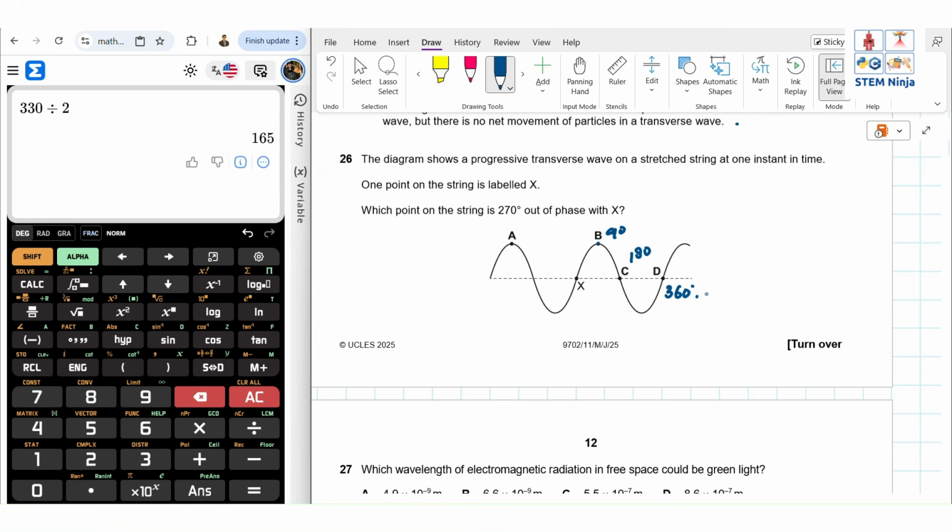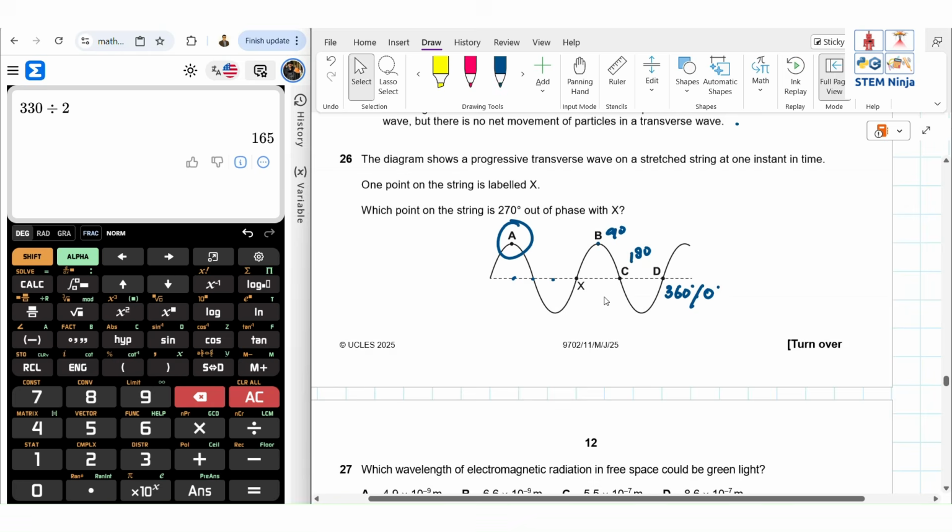This could also be taken as 0 because there is no phase difference between x and D. They are in phase. However, if we look at A, 90, 180, 270, A is the right answer.